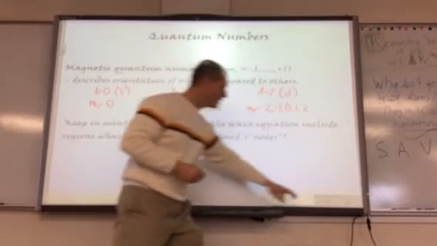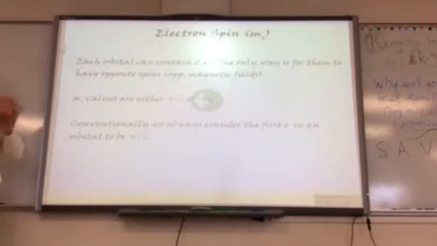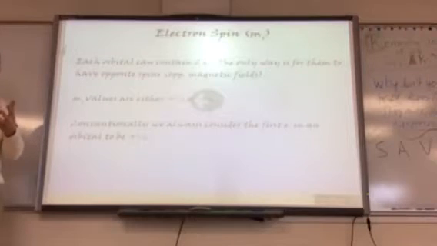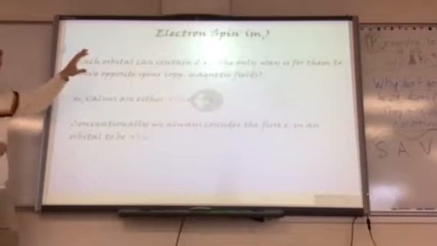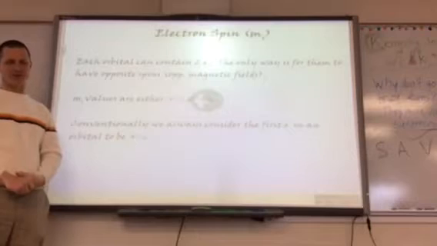And one final thing, that's the fourth quantum number, the M sub S. M sub S represents the electron spin. Because an orbital is a small place for 2 electrons to be shared. Electrons do tend to repel each other, so how could 2 negative electrons occupy and live together in a very tight space? Well, the only way that can happen is if they're spinning and they induce magnetic fields for themselves.